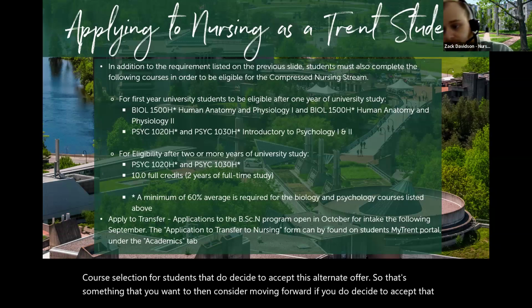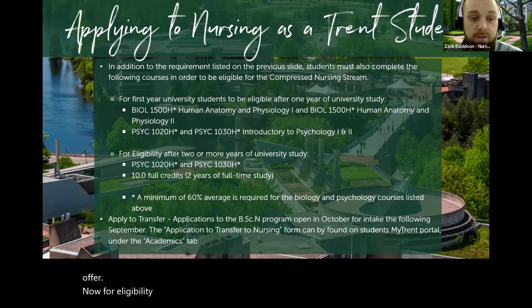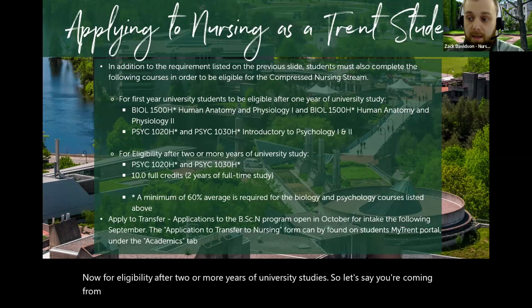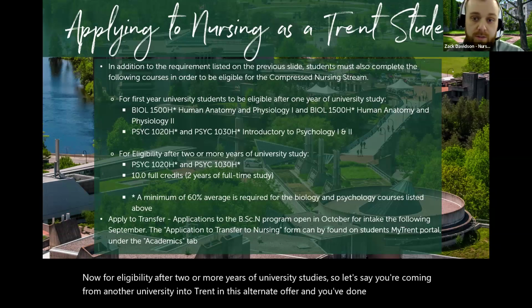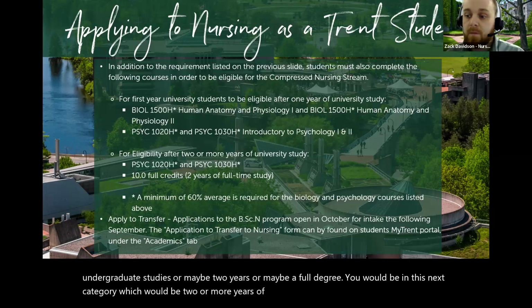Now, for eligibility after 2 or more years of university studies, so let's say you're coming from another university into Trent in this alternate offer, and you've already done a year of undergraduate studies, or maybe 2 years, or maybe a full degree, you would be in this next category, which would be 2 or more years of university studies.